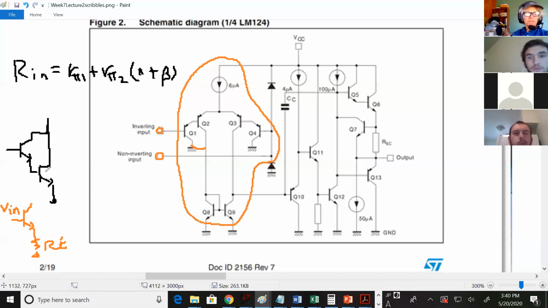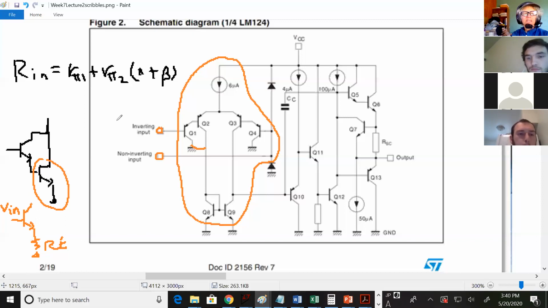If you look at this circuit right here, there's some resistance below this emitter, just like there's resistance below this emitter. But the resistance is the Rn of a transistor, which is R pi 2. So this is just acting like RE. And since it hits the base, RE equals R pi 2. Is that good for everybody?